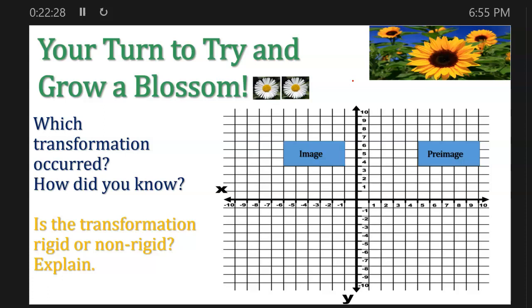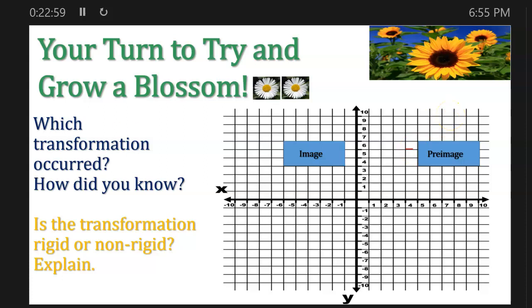1, 2, 3. Okay, this is where the original rectangle started and this is where it is now. Notice that the size of the rectangle is the same, the orientation's the same, but the location is different. So I'm pretty sure this is a translation. So if it's a translation, that's a slide, and it looks like this one was a slide to the left in this direction.